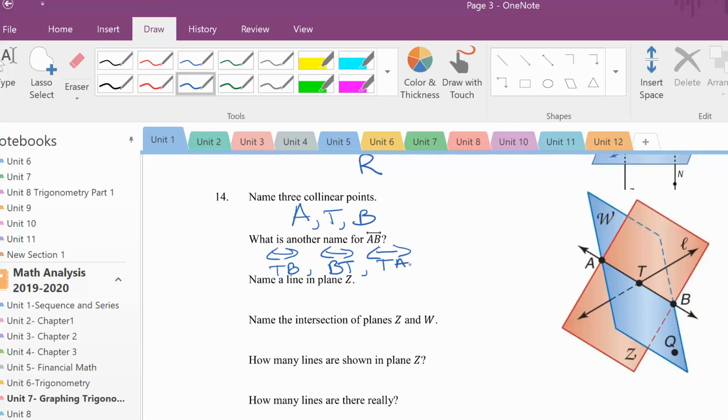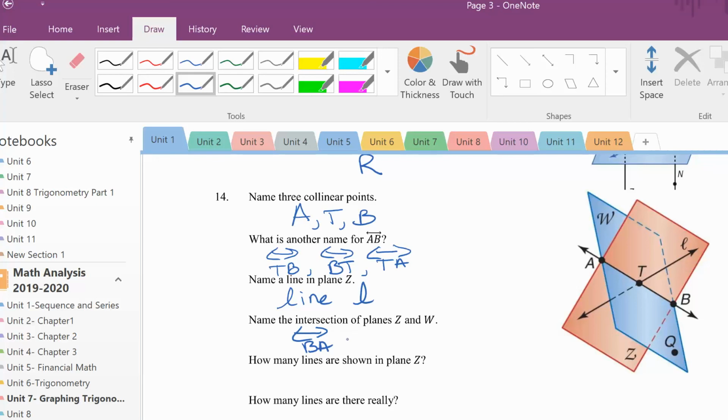Name a line in plane Z. Well, they're in plane Z here, and Z is the reddish line. Notice line L. Name the intersection of planes Z and W. Well, the intersection of planes Z and W is line BA.